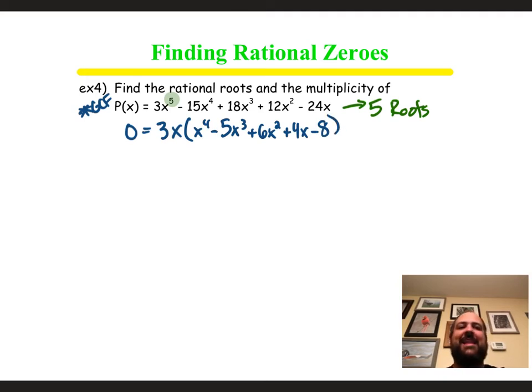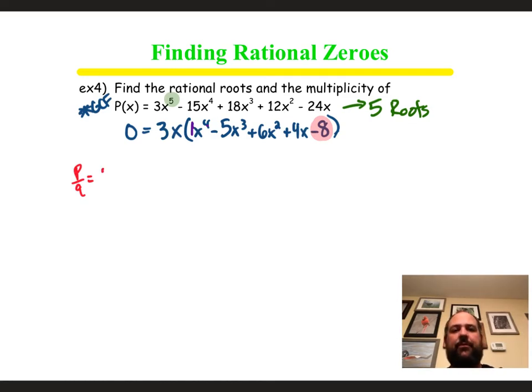All right, and I cannot factor out another GCF. And when I look at this, I notice that the leading coefficient now of x to the 4th is 1. So I'm not going to use any q values other than 1. I simply need to identify what the possible p values are. And that's going to be the same thing as p over q. Remember, those are going to be the factors of this term.